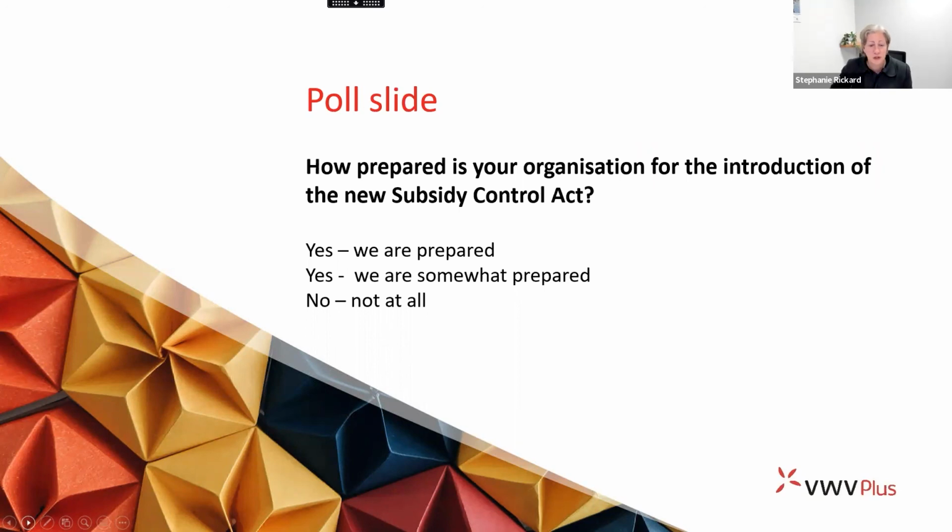Next question: what responsibilities fall on the beneficiary of a subsidy? Well, I've talked quite a lot about the fact that the risk for the beneficiaries of a subsidy is that if it is found to be unlawful, then it could be required to be repaid.